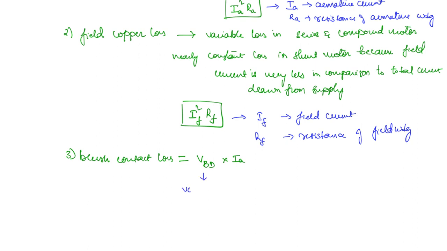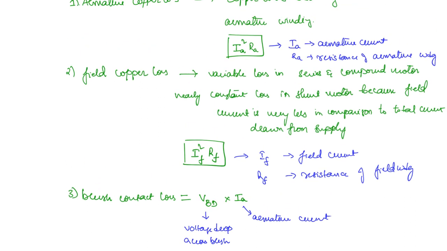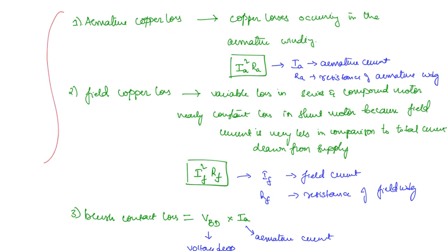VBD is the voltage drop across brush, and IA is the armature current. You can see that this is dependent on the load current. This voltage drop is independent of the armature current, but the contact loss will depend on the armature current. So these three constitute the variable losses in the DC machine.